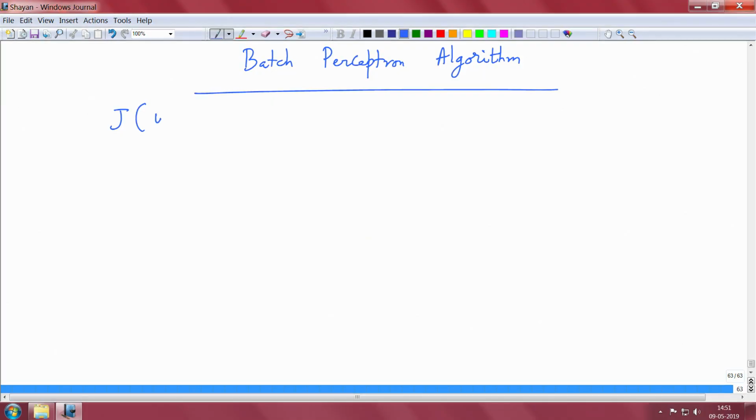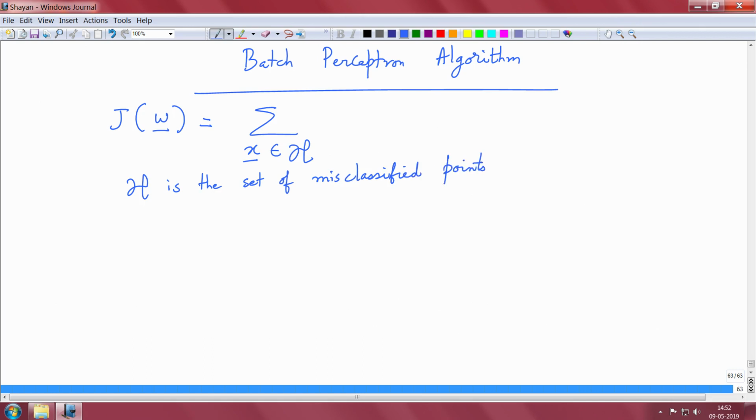J is the cost associated and W is the weight vector. So, this is given by this quantity, summation over x belonging to the set of points that are misclassified, where H is the set of misclassified points.